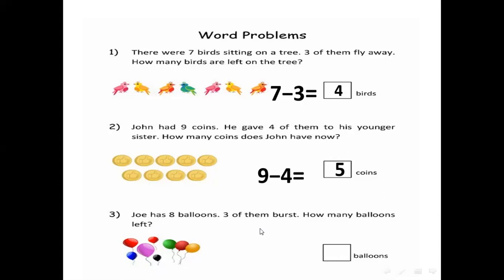We can find the word left here, so will we do it as plus or minus? Minus. Excellent. What minus what? 8 minus 3 equals? 5. Excellent, Kenda. Thank you, honey. Good job.